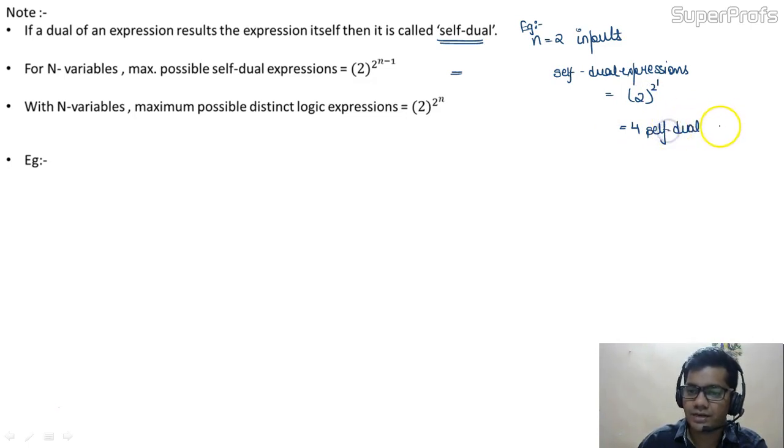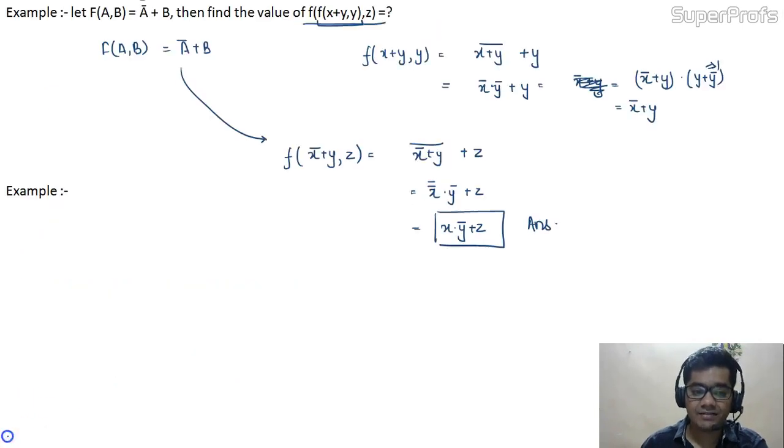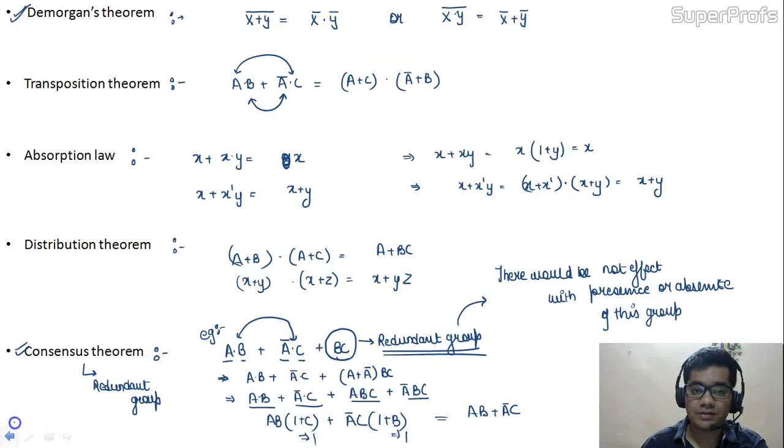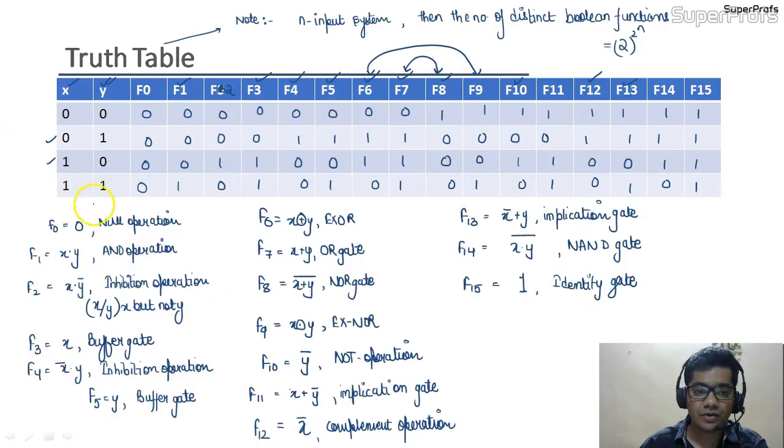What do we mean by self-dual expressions? If the dual of the expression results in the expression itself, then it is known as a self-dual expression. How are we going to prove it? In the first slide, when we constructed all the possible functions of a 2-input system, we are going to see what the self-dual expressions are.